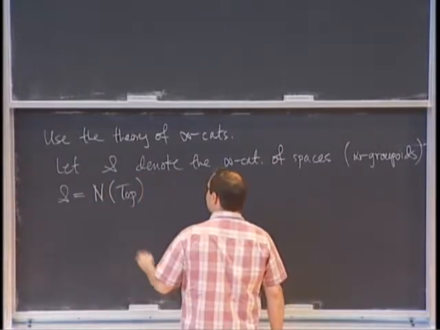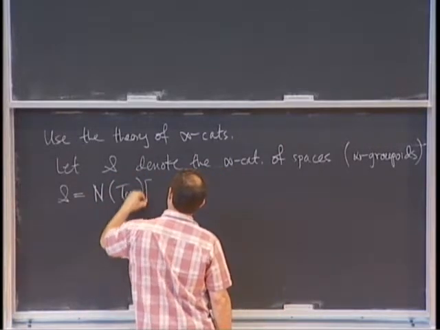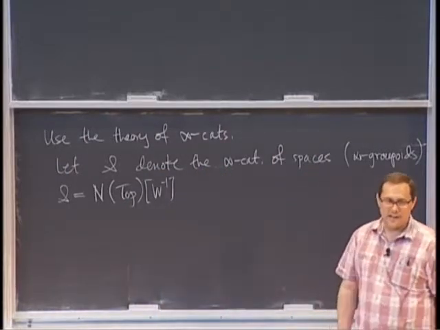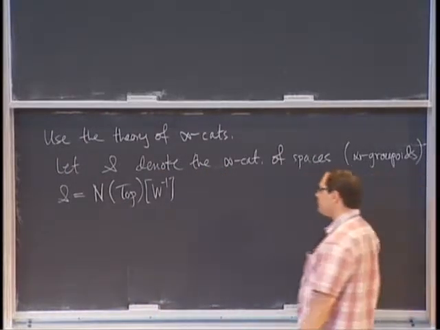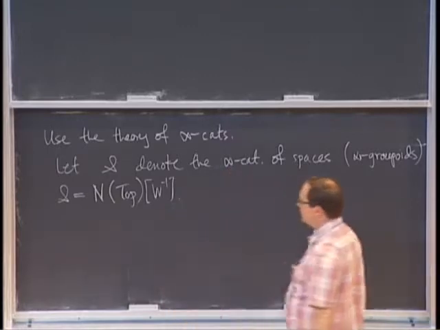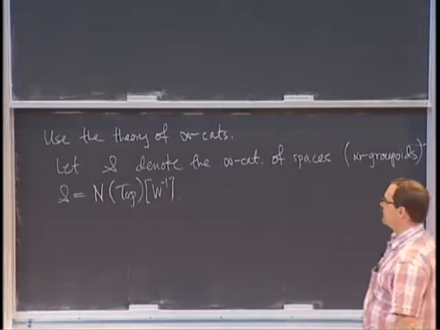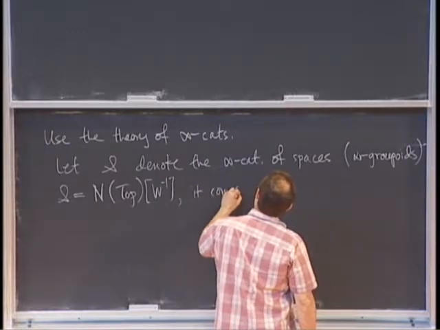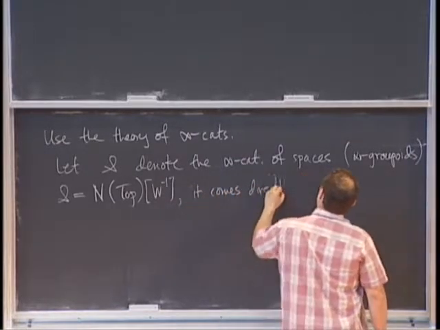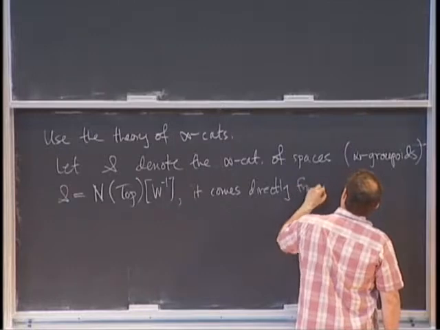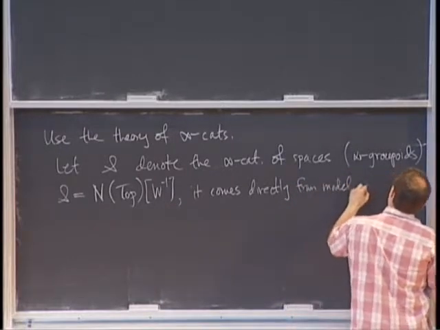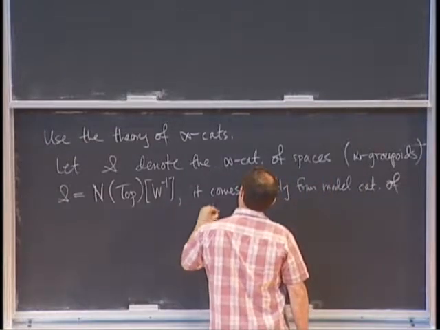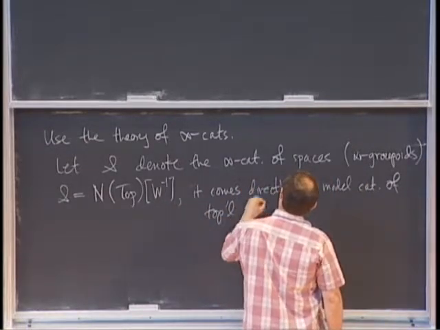This is now a quasi-category in the sense of Joyal, and you can invert some weak equivalences in the infinity categorical sense. Maybe that's not the most explicit definition, but the point is it comes directly from the model category of topological spaces and weak equivalences.